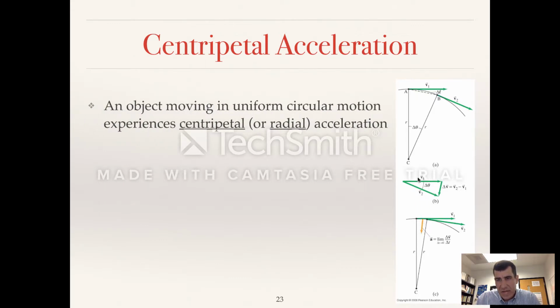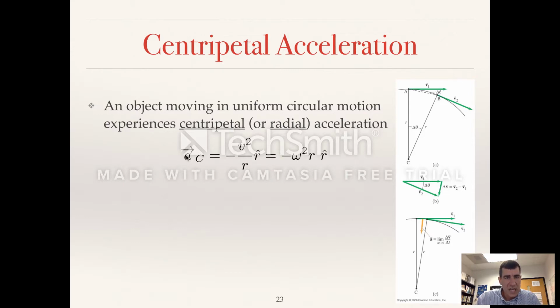And we can use some similar triangles, and we can find something called centripetal acceleration. This is the acceleration of an object in uniform circular motion. Remember, we decided there had to be some acceleration since the direction of the velocity is changing. Notice that this is sometimes also called radial acceleration, since it's always directed along the radius.